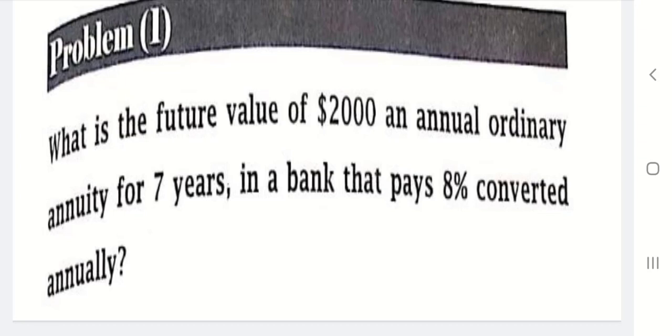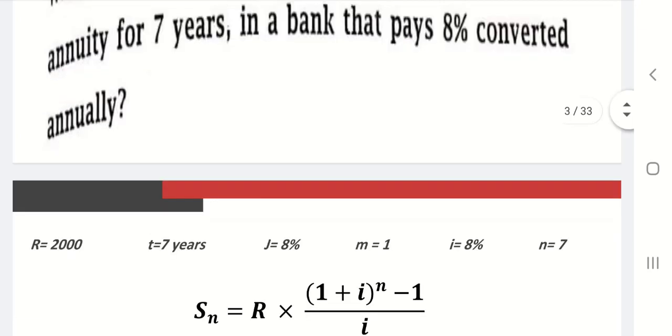It is an annual ordinary annuity for 7 years, so there are 7 annuities. In a bank that pays 8% converted annually, J will be equal 8, M will be equal 1, and I will be equal J over M, 8% over 1, which is equal 8%.